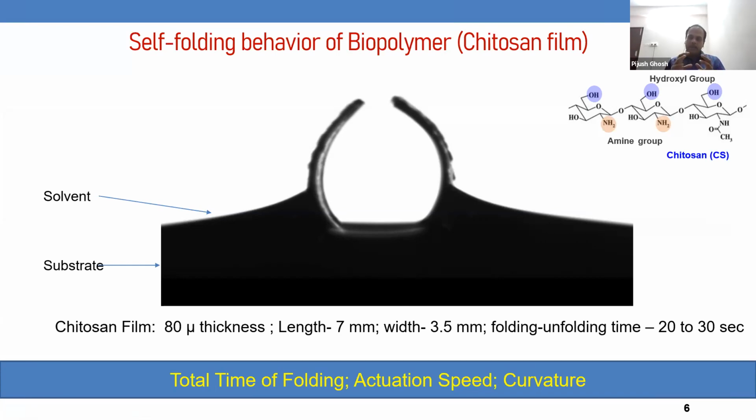And of course, there are certain other secondary parameters, which depending on your applications can become primary. For example, the gripping force, how much force it applies when it is trying to grip something. That's another important thing. But typically these are the 3 fundamental parameters which characterize this actuation or folding.